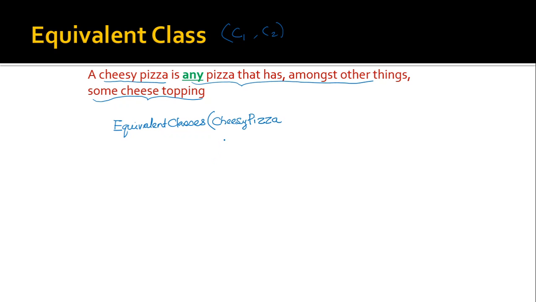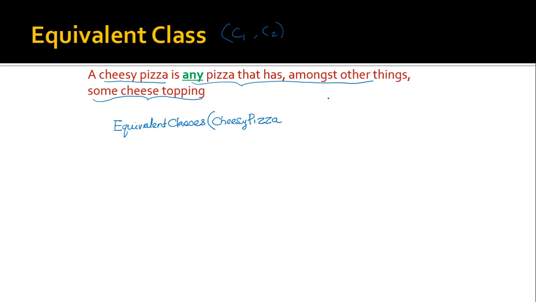And what is it equivalent to? It is equivalent to something that is pizza and has some cheese topping, right? So it should be an intersection of the pizza class, assuming that we have a class called pizza, and another class which has got some cheese topping, the set of elements that have got some cheese topping, right?